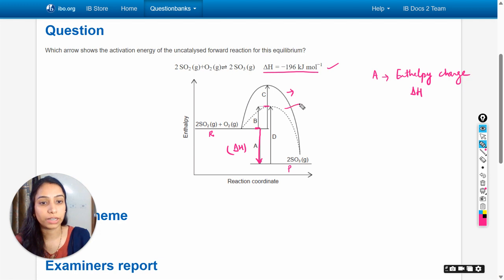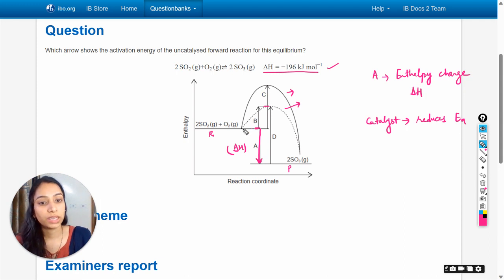This dotted line is below this line, and we know that a catalyst provides an alternate pathway for any reaction in which less energy is required, which means the catalyst reduces the activation energy, Ea.